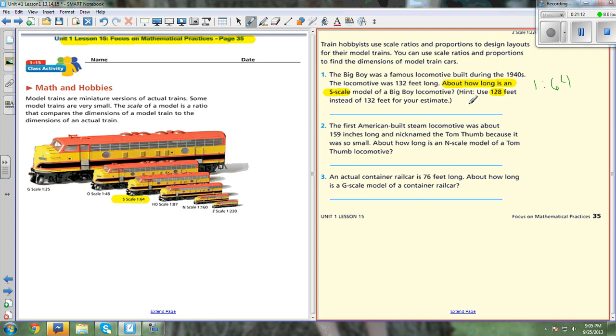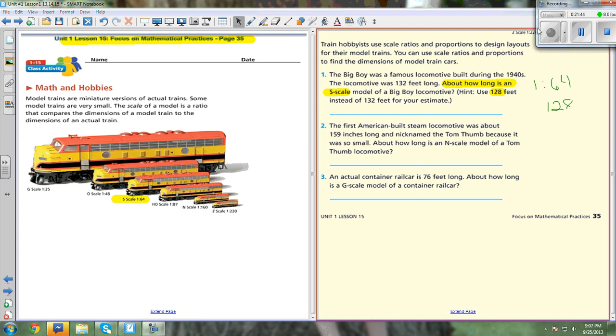And remember, we're going to be using 128 feet instead of 132 feet. So if the actual train is 128 and the S scale is 1 to 64, about how long is the S scale model of a Big Boy locomotive is what we're trying to solve here.